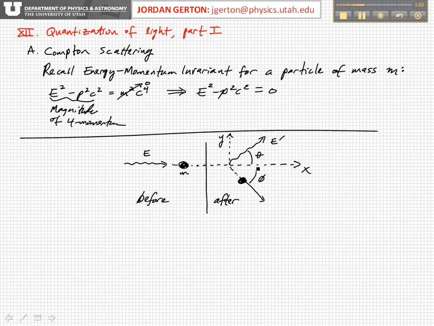Okay, so let's write down the expressions for the 4-momentum before and after. So before, we have the 4-momentum of the photon. We often give photons the symbol gamma, so this is not the gamma factor that we talk about in special relativity all the time.